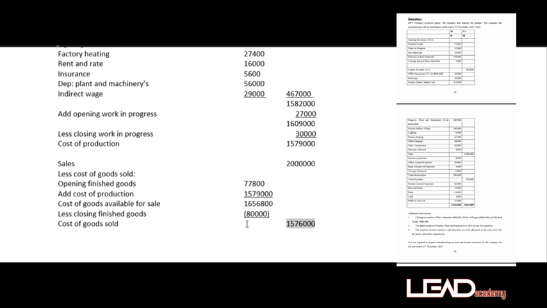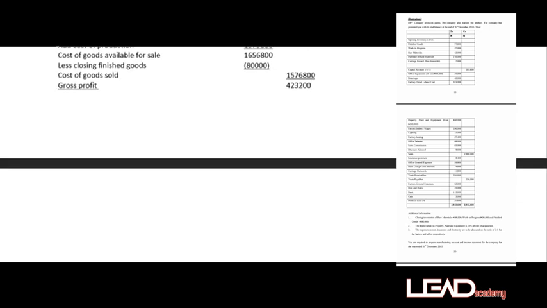So when you subtract it from your sales of 2 million naira, you are going to have a gross profit of 423,300. Next thing to do now is to less our expenses.